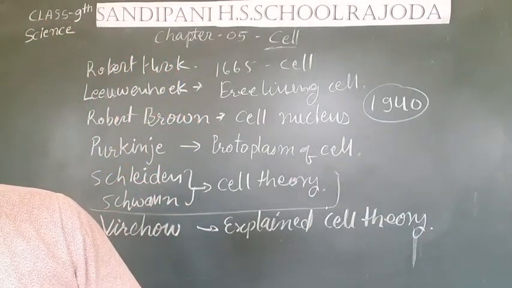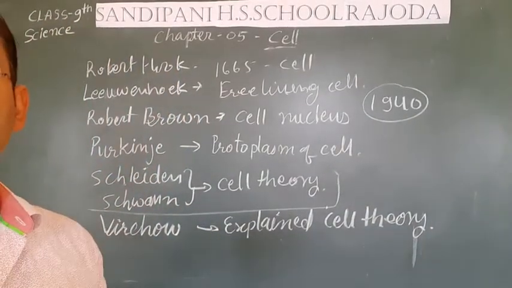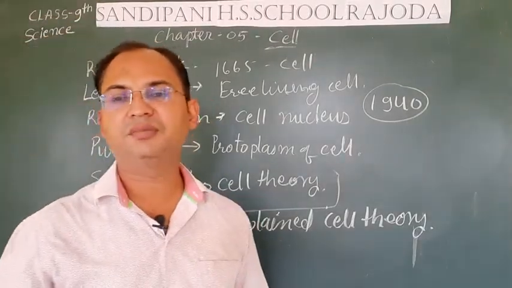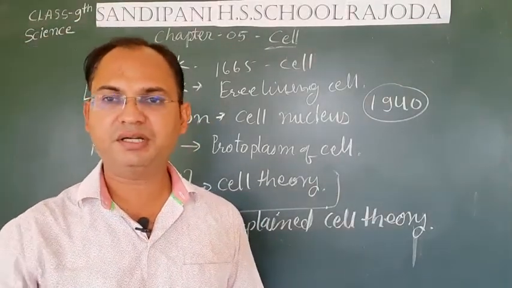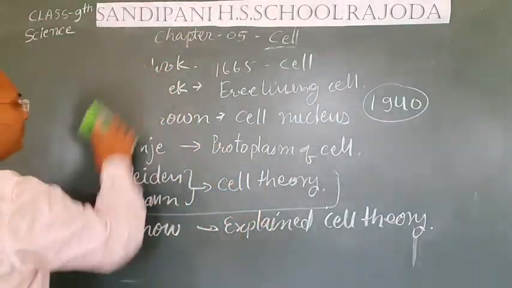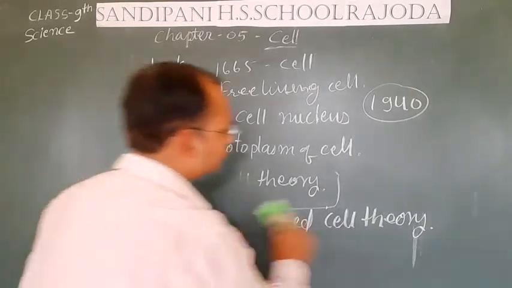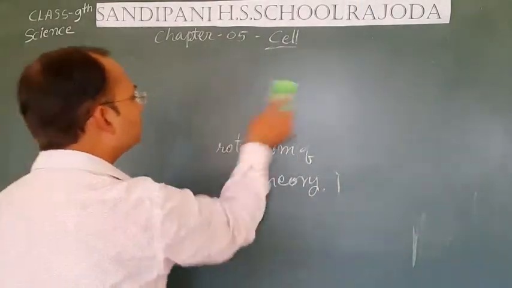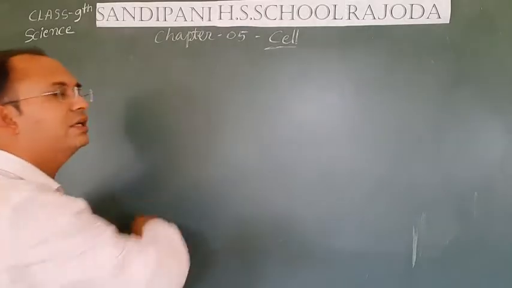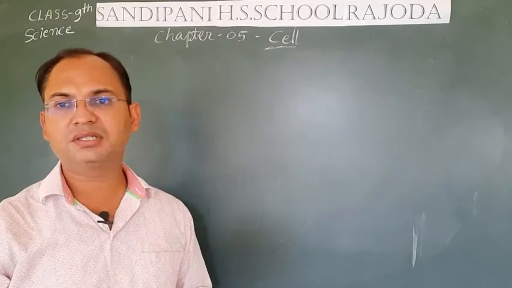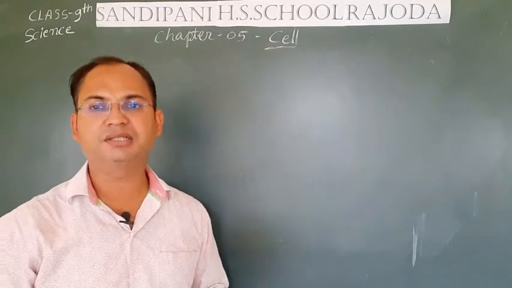Now, let's see how many cells are present in the body of living organisms and what the shape of the cell is. So students, if we talk about the number of cells in living organisms, then on the basis of the number of cells, living organisms can be classified into two groups. One is unicellular and the second is multicellular.